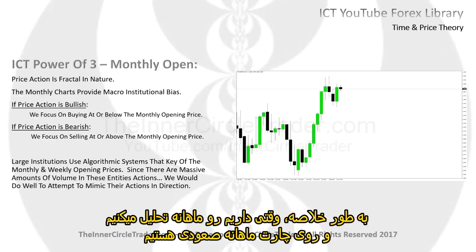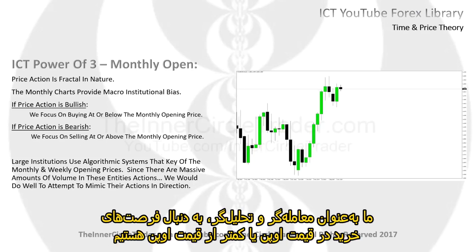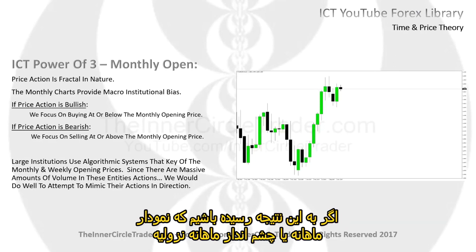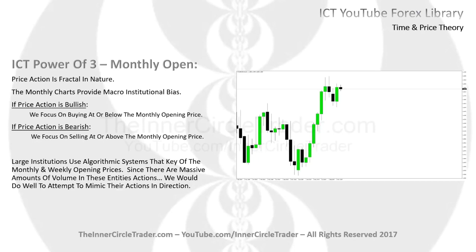In a nutshell, if we are doing our analysis on the monthly chart and we deem that monthly chart to be bullish, we as traders and analysts look for buying opportunities at the opening price or below the opening price. If we have come to the conclusion that the monthly chart is bearish, then we are focusing our analysis on selling short at or above the monthly opening price.